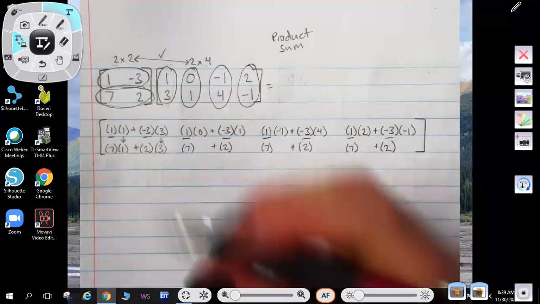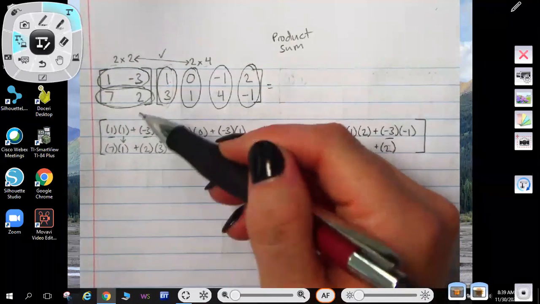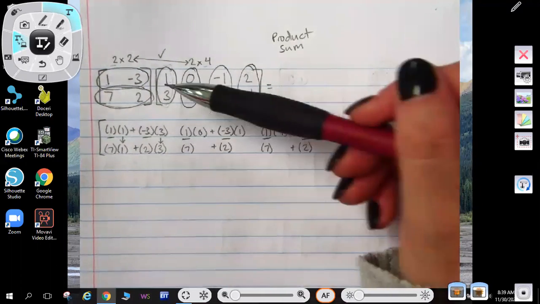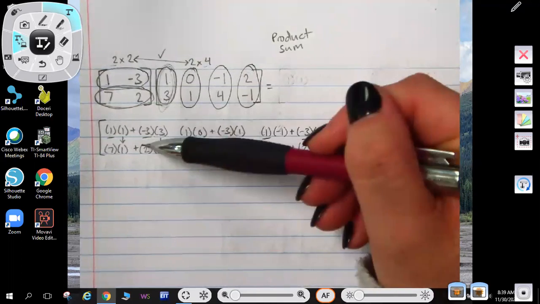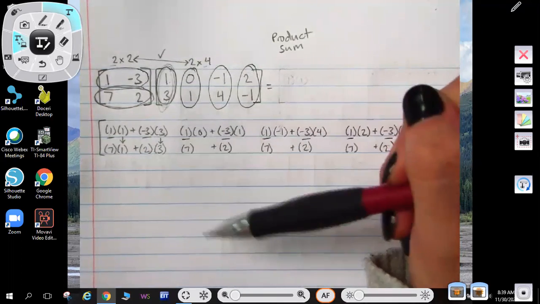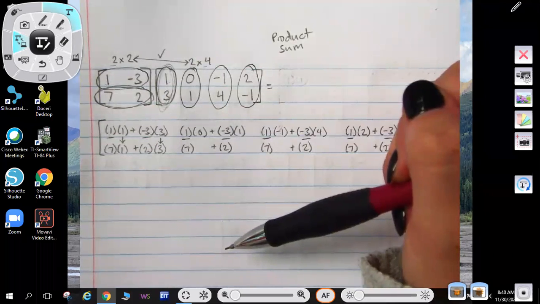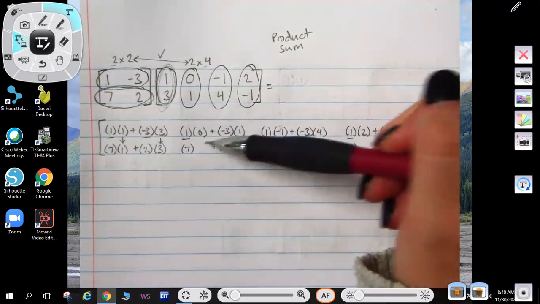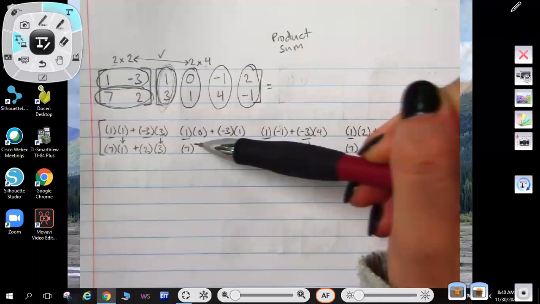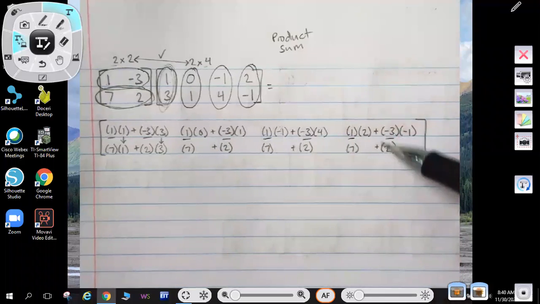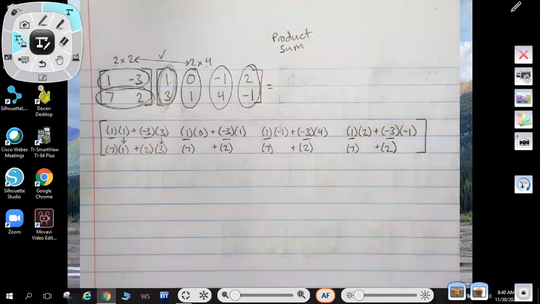That's because both of these elements are in the first column. So we're using the first column numbers to get those answers. So these second numbers are always going to match the numbers right above.